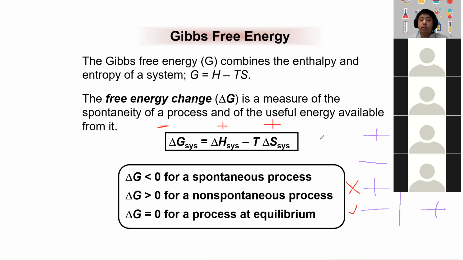I want T delta S to be a larger value. If this is a large value, I'm going to assign the number 10, and this was 5. So it's essentially 5 minus 10 gives me a negative. So I want this value on the right to be larger.